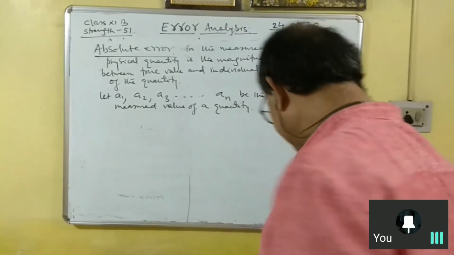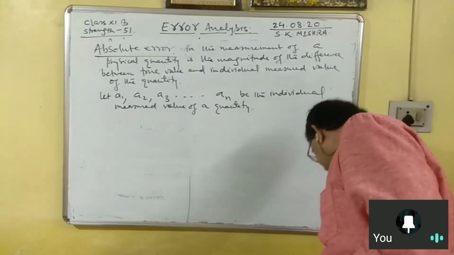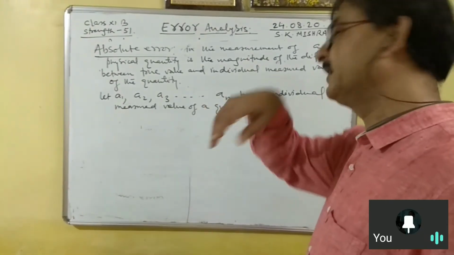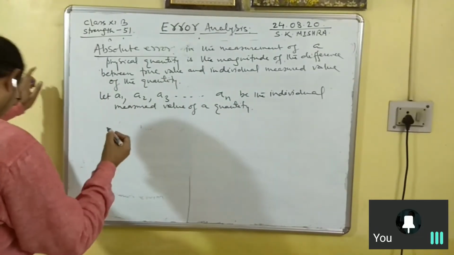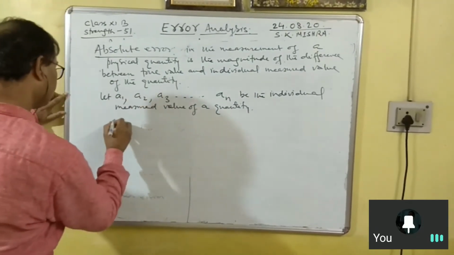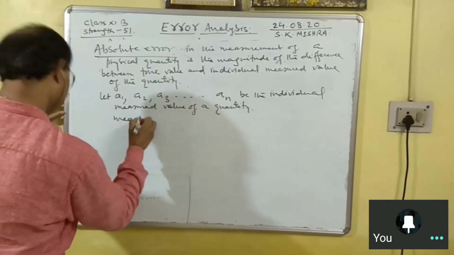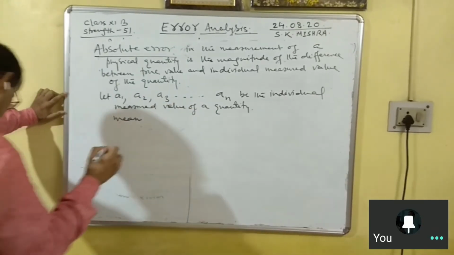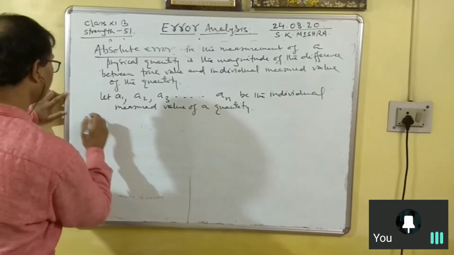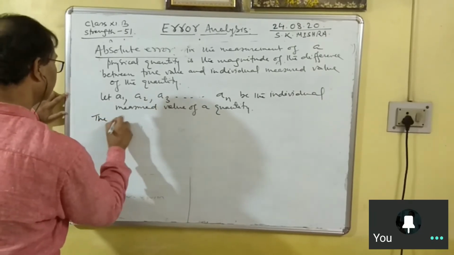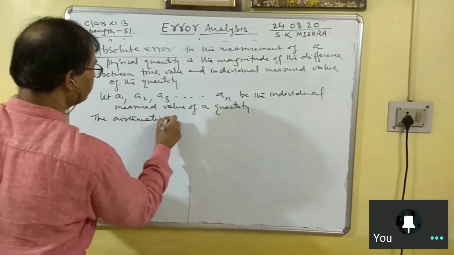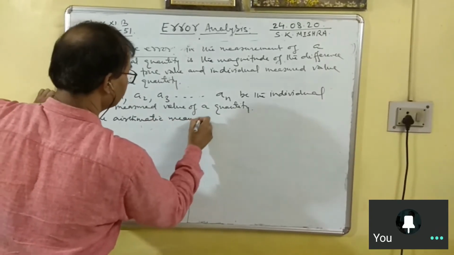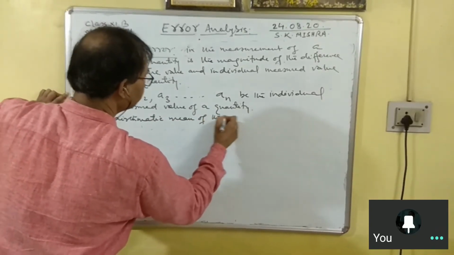And if someone has measured it before you take the readings, then that will be the true value. So, how will you find the true value? The arithmetic mean of the quantity measurements.